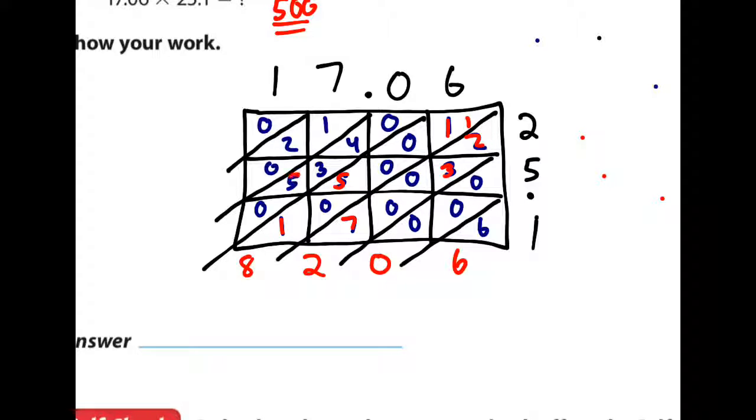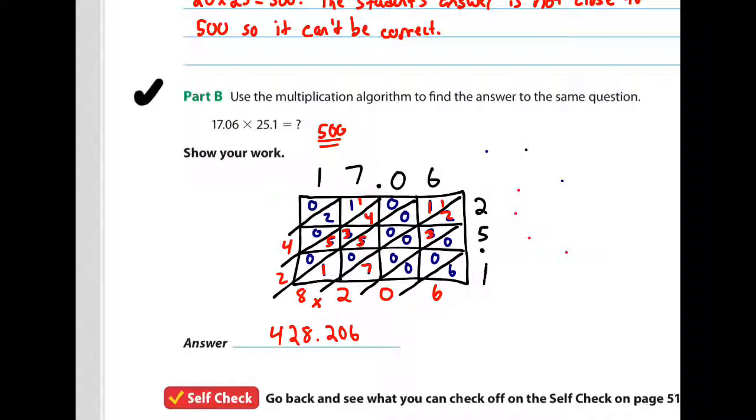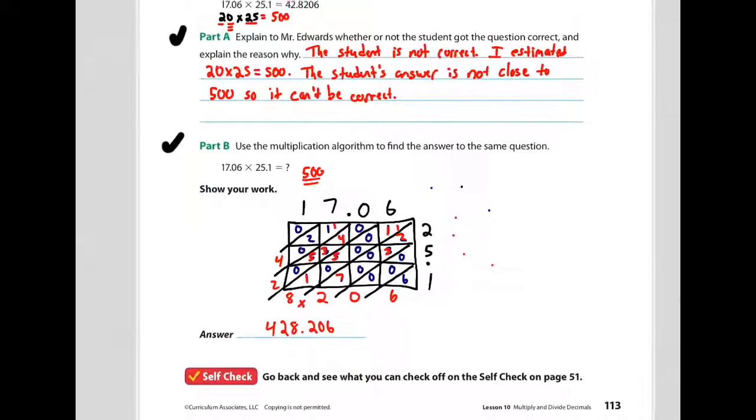So here I have 5 plus 3 is 8, plus 4 is 12. Here I have 4. Now, where can I put my decimal so my answer is close to 500? I'm going to put it right there to get 428.206. So that is the answer to that problem.